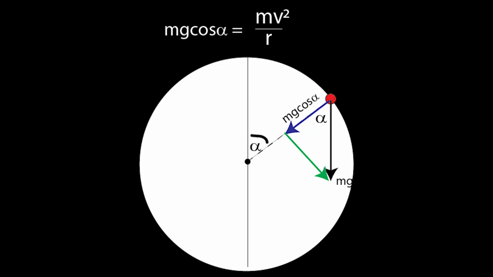Now the only force acting here is the force towards the centre of the circle, and that has to be equal to mg cosine alpha. Look at the diagram. That's the only force acting towards the centre, and that has to be equal to mv squared over r. And that's as far as we can take that. That's by Newton's second law of motion.